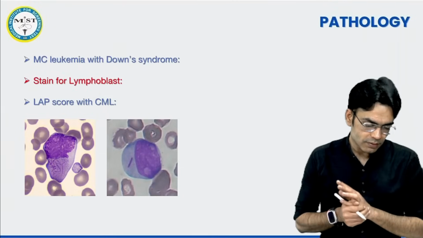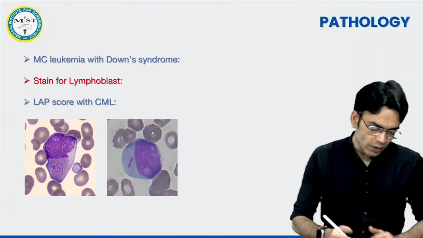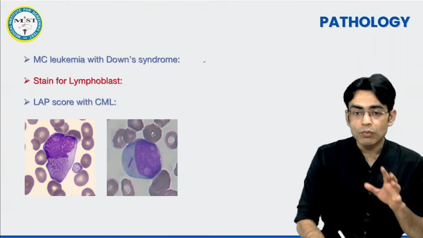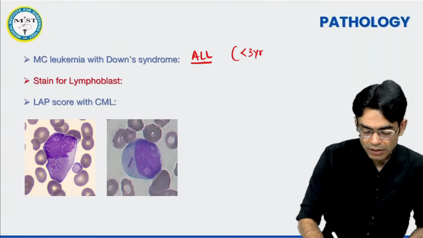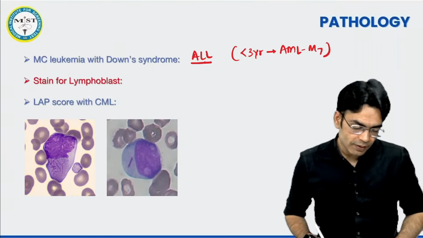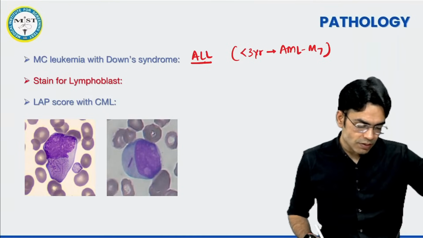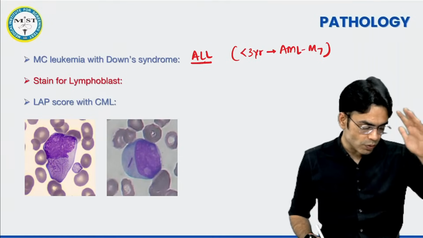Very good. Overall the most common leukemia with Down syndrome is ALL. But if it is a child less than 3 years old, then it is AML M7.